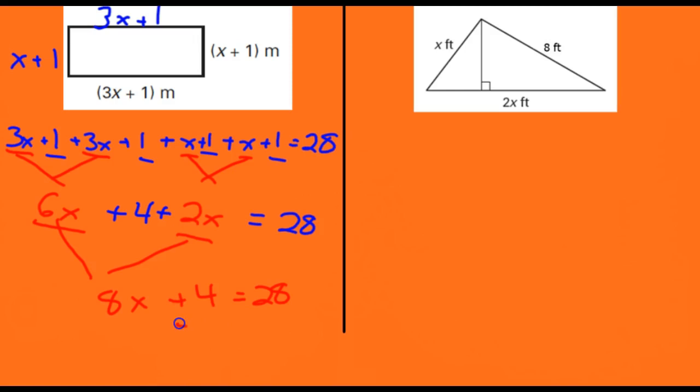So I see a plus sign, so I'm going to subtract 4. Oh, hold on 1 second. I'm going to subtract 4 from both sides. We get 8x equals 28 minus 4, which is 24.